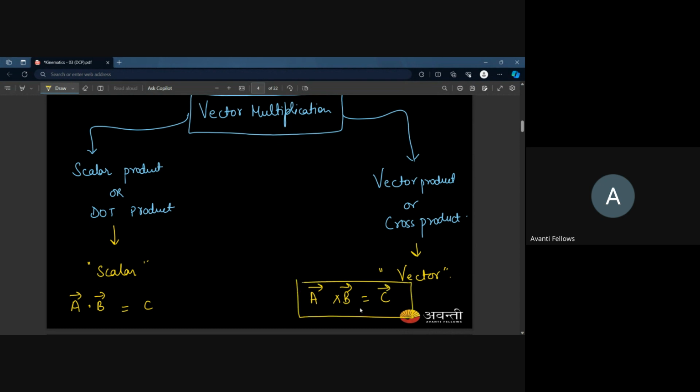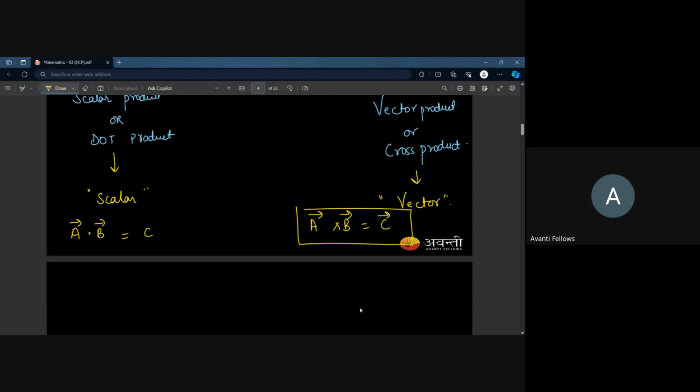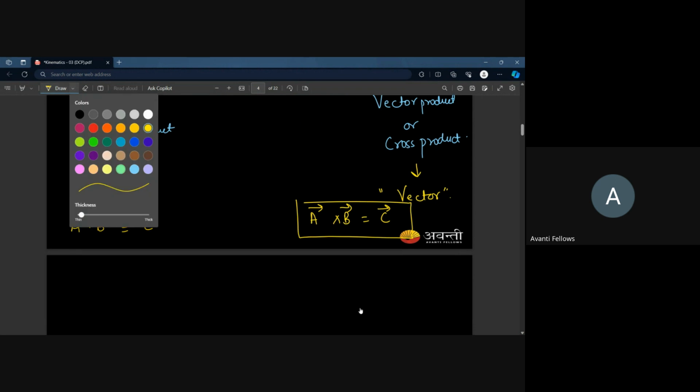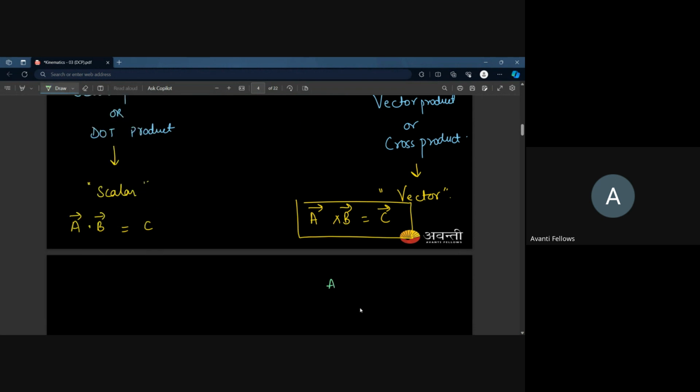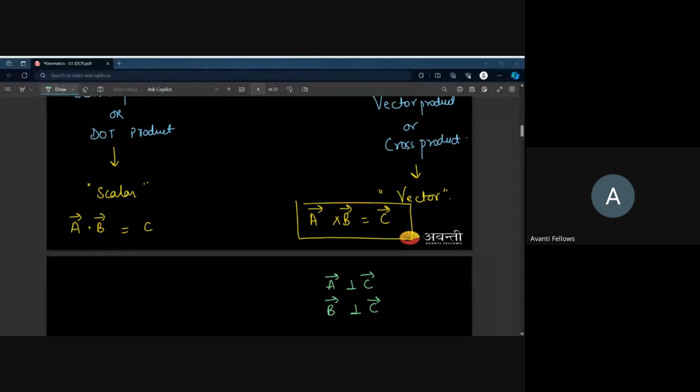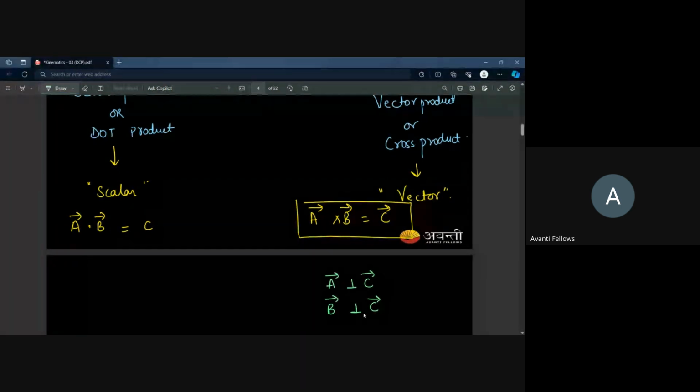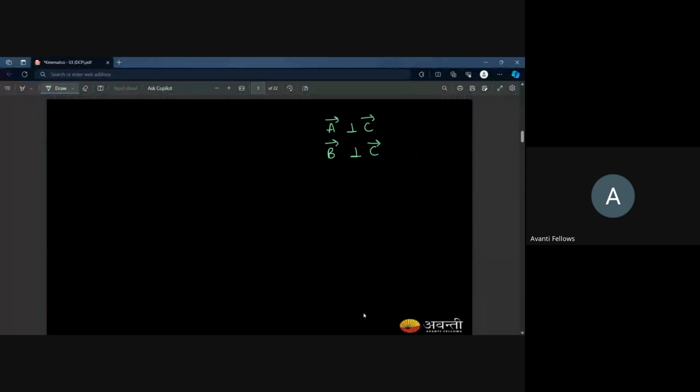And there is a special characteristic with this vector C in the second case: this vector is always perpendicular to both vectors. Am I okay with this? Yes, ma'am. Okay, you got it right.